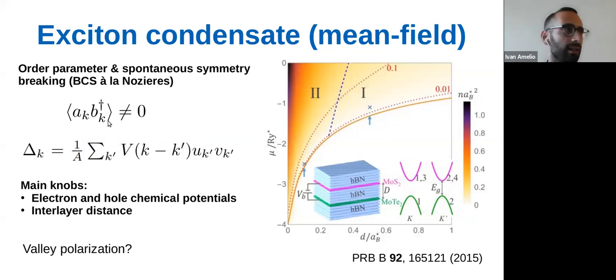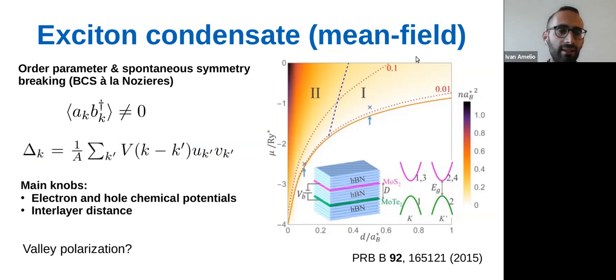So in the original model, the charge is conserved independently in the two layers. In this case, only the total charge is conserved, basically. And the order parameter is a gap function, very similar to the BCS case. In this case, delta would depend on momentum because the interaction is not contact-like, but is Keldysh.